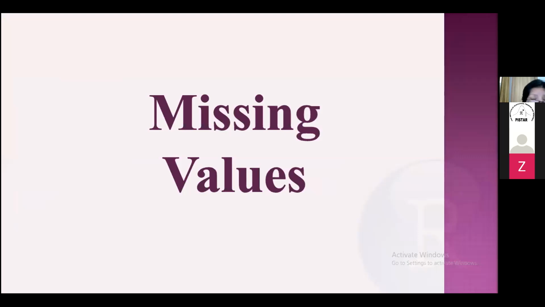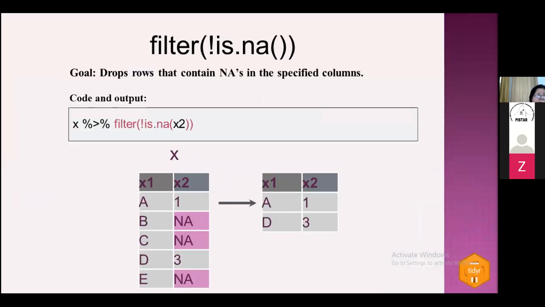Dr. Sharqa has already explained this in RStudio, but we can also show you the slides, ladies and gentlemen. Yes, Zulaikha. Okay, there is another command that you can use to extract the NAs from the cases. That is filter, and in the parentheses the exclamation mark and is.na with parentheses.